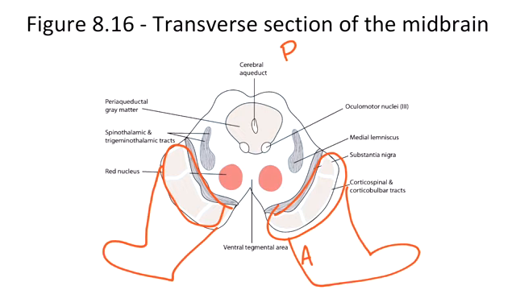You could also use the substantia nigra, which is this dark pigmented region right here, or the red nucleus, which is this region right here. These will both help remind you that you're looking at a section of the midbrain. Okay, with this in mind, let's look at the cranial nerve nuclei in the midbrain. Again, as I mentioned on the previous slide, many of the cranial nerve nuclei span large segments of the brainstem.